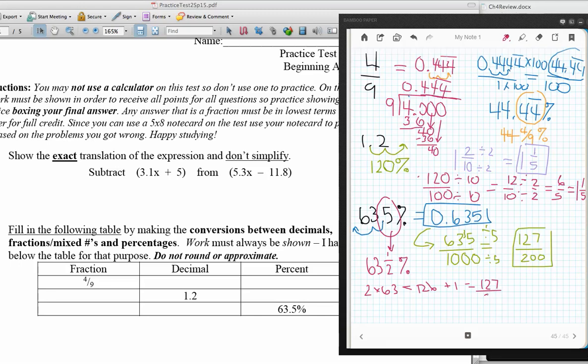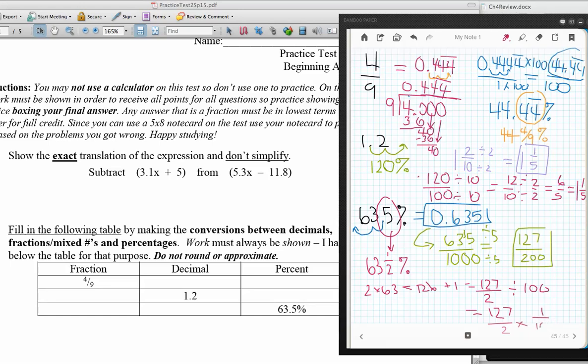And then I say, well, that is divided by 100 because it's a percentage, right? So it's parts of 100. So anytime we divide, we multiply by the reciprocal, so that's 127 halves multiplied by 1 over 100.